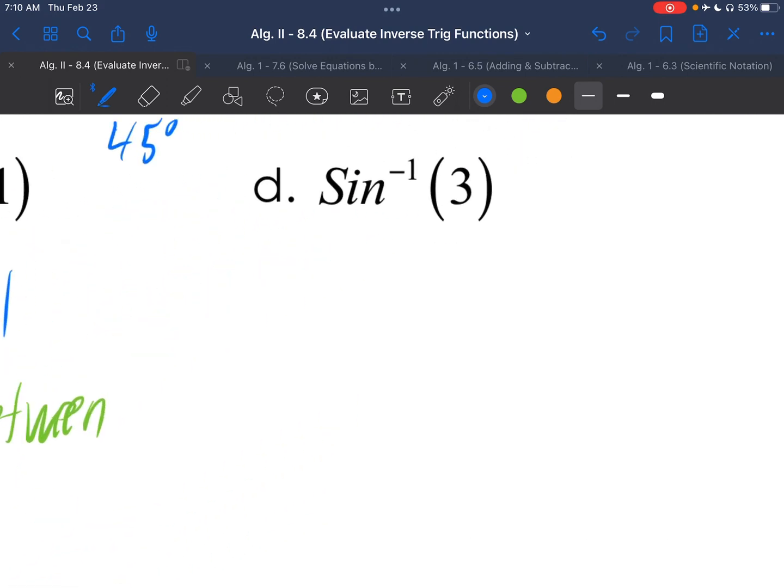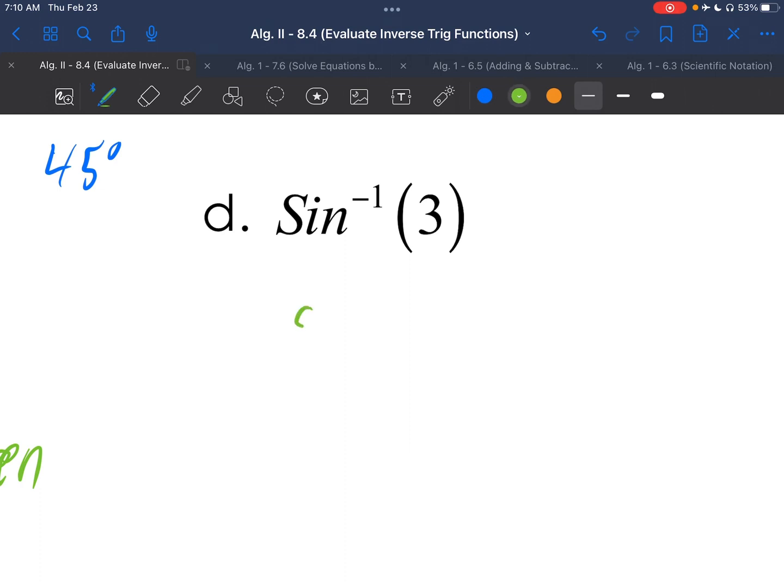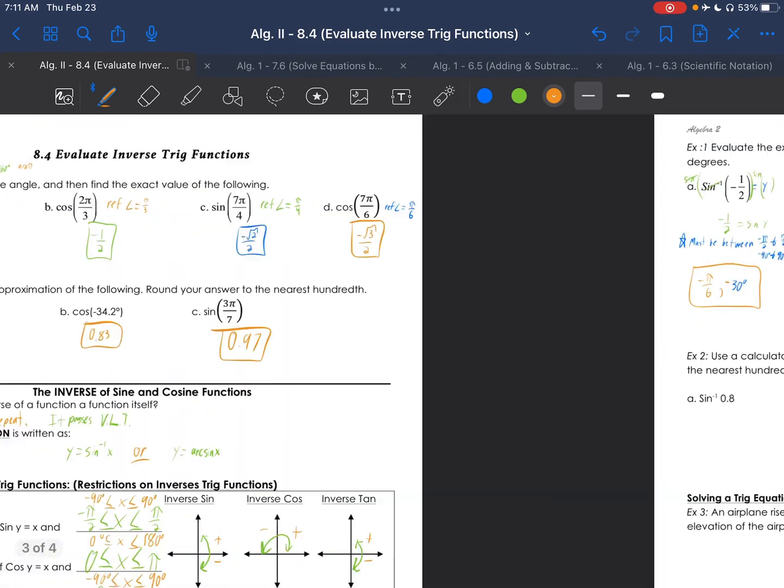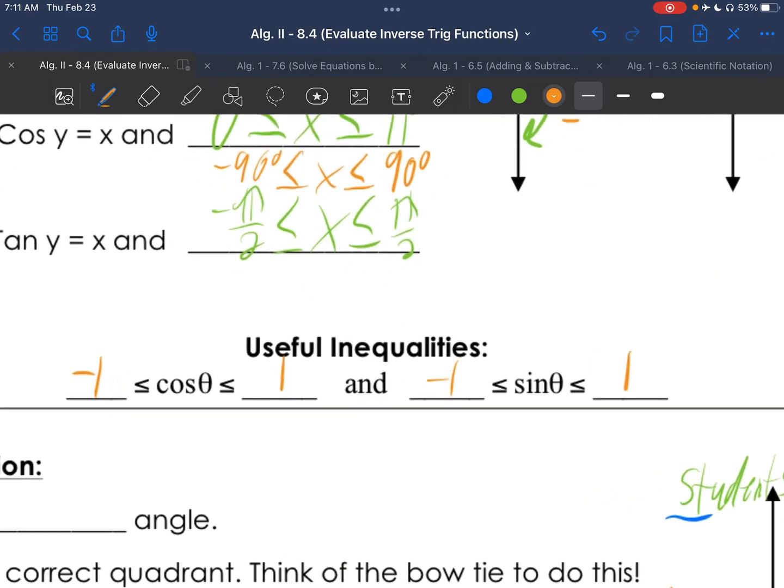Inverse sine of 3. So we're saying, hey, sine of some angle theta is equal to 3. And we remember, wait a second, we said a moment ago that sine is never greater than 1. And we said that right down here in these useful inequalities.